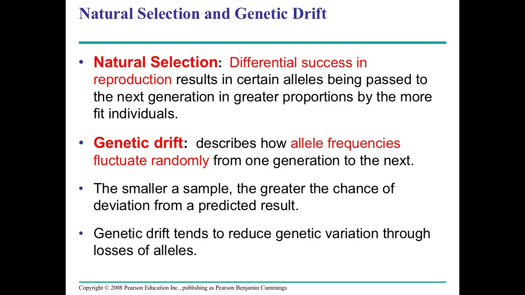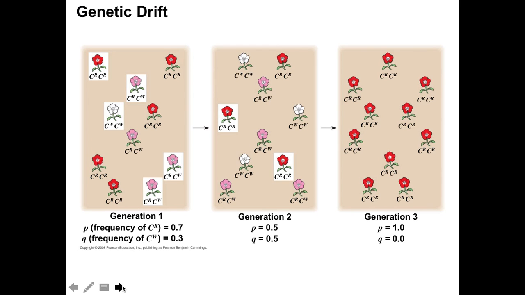But small sample sizes don't really show what we expect, because obviously the more organisms you look at, the more variations in traits. And genetic drift reduces genetic variation through losses of dominant or recessive alleles. So this is just an example of genetic drift, okay? So we have the first generation here.